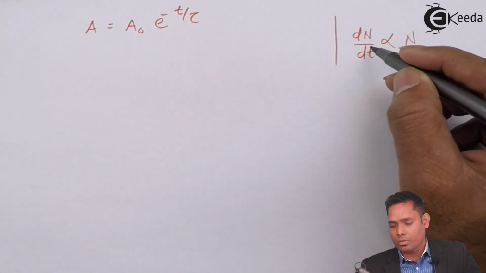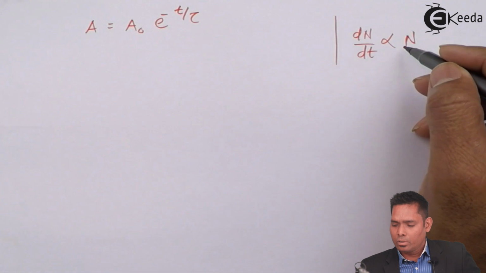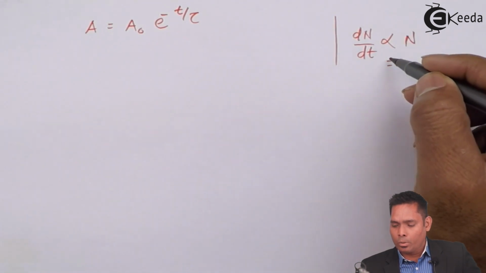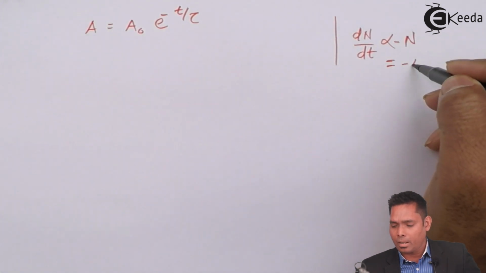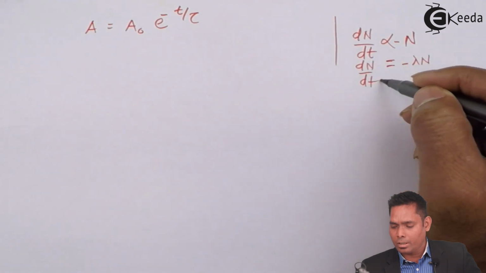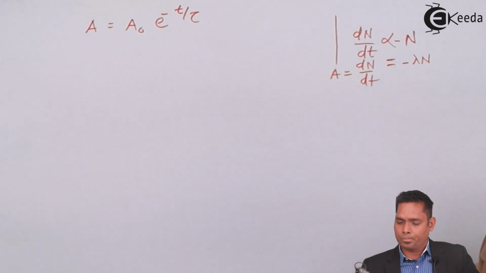The rate of change of N depends upon the number of nuclei present at that instant. So if I use the equation, it will obviously be minus, since it is decreasing, so minus lambda into N equals dN over dt. This dN over dt we call A.